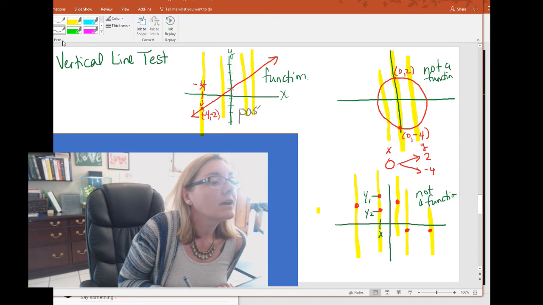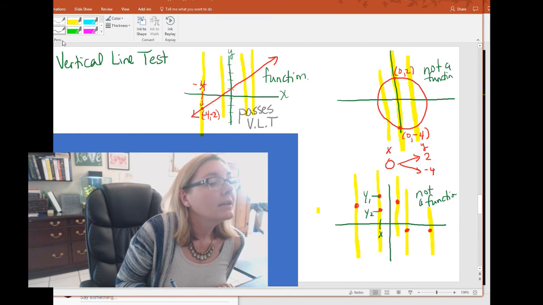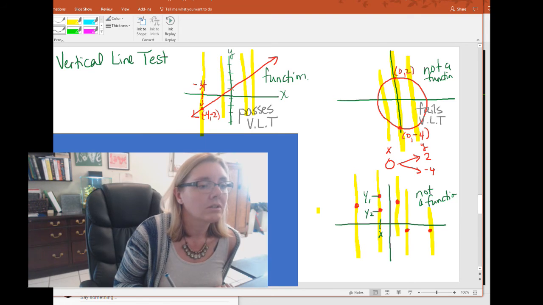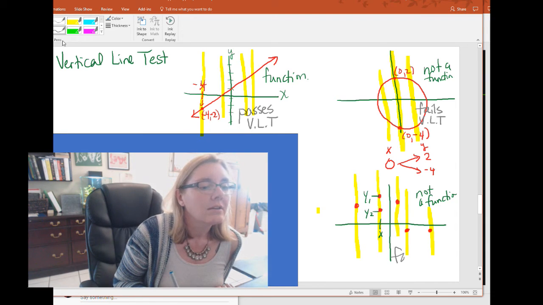This first graph, the line, passed the vertical line test, VLT. But when a single vertical line hits it in more than one place, then it fails the vertical line test and it's not a function. So these two fail the vertical line test.